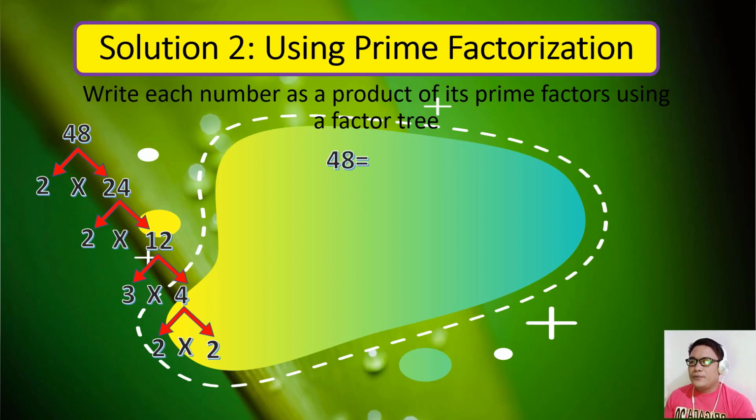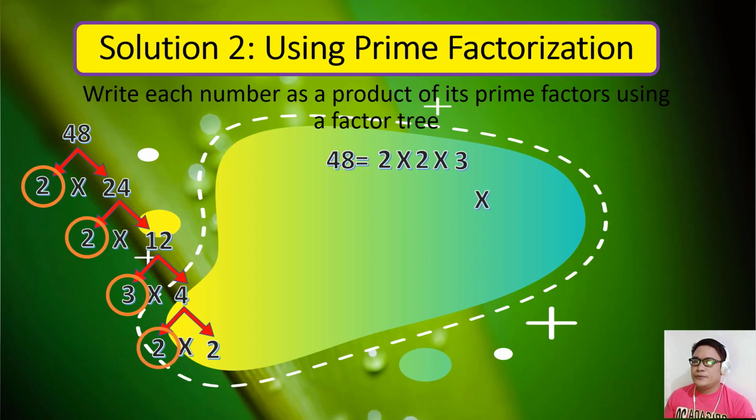Write all the prime factors of 48. We have 2, next, another 2, next, we have 3, another 2, and 2.